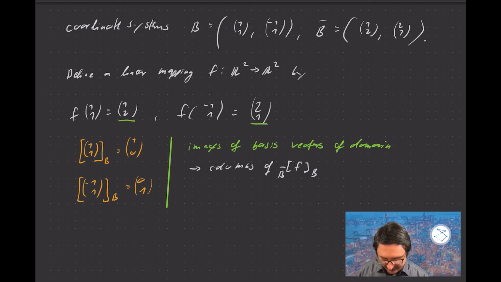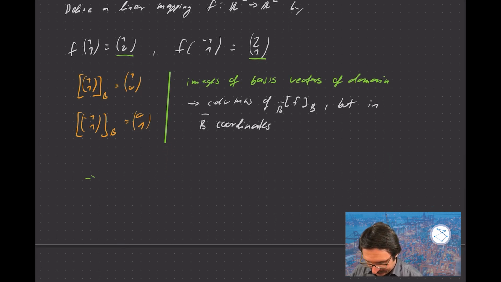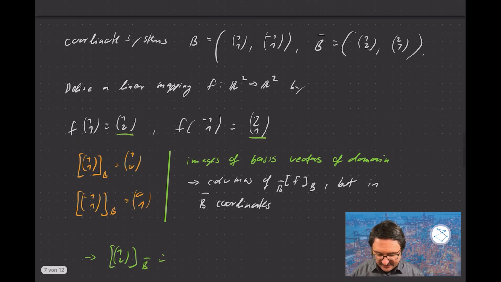This one here. But we must write them in B bar coordinates. So we cannot put those vectors right away in the columns. What we want is their B bar coordinates. So we take 1, 2, and we want the B bar coordinates of 1, 2, and of course, this is a vector in B bar.